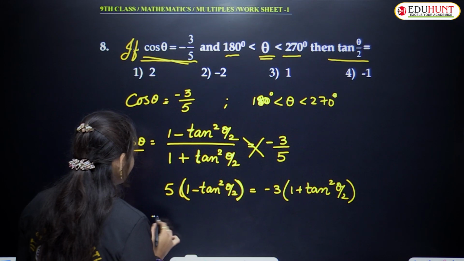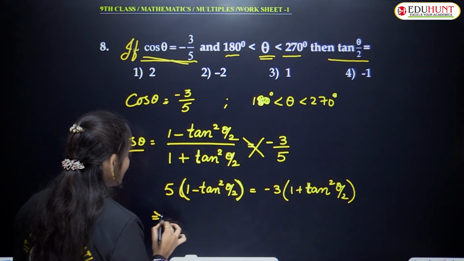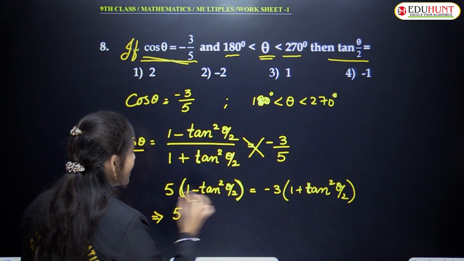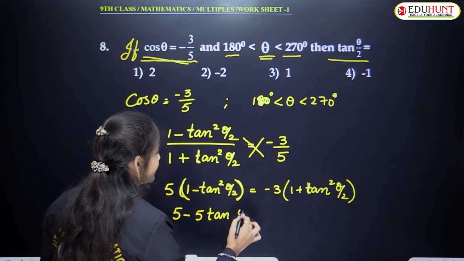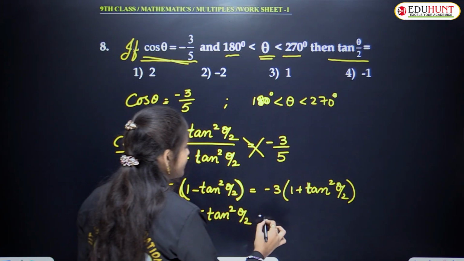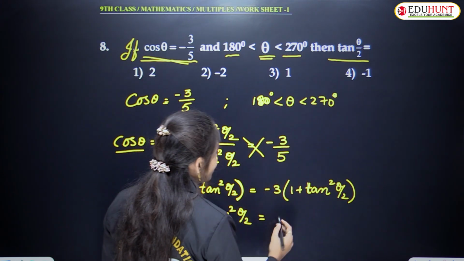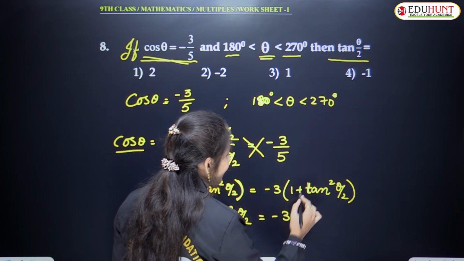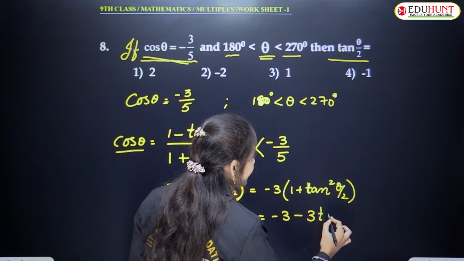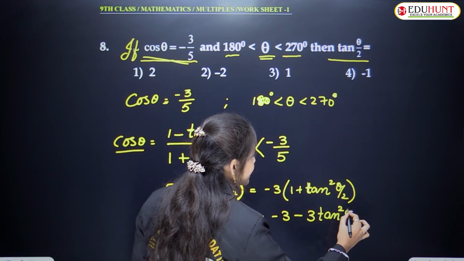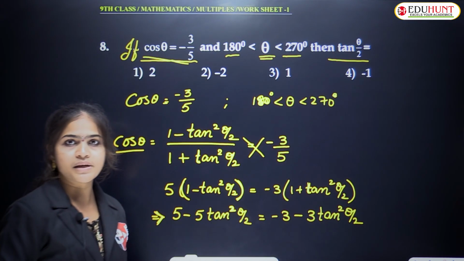Simplifying, 5 into 1 is 5, minus 5 tan square theta by 2, is equal to minus 3 into 1, which is minus 3, and minus 3 into tan square theta by 2, minus 3 tan square theta by 2. Am I clear?